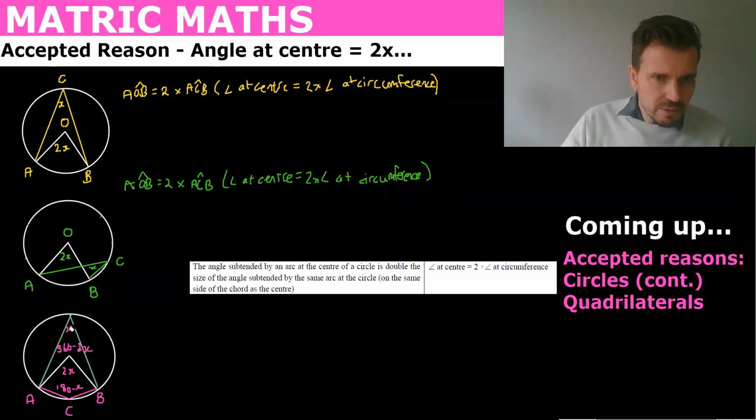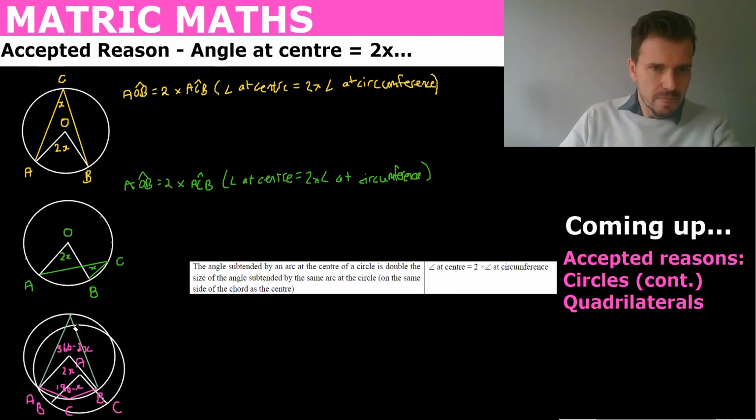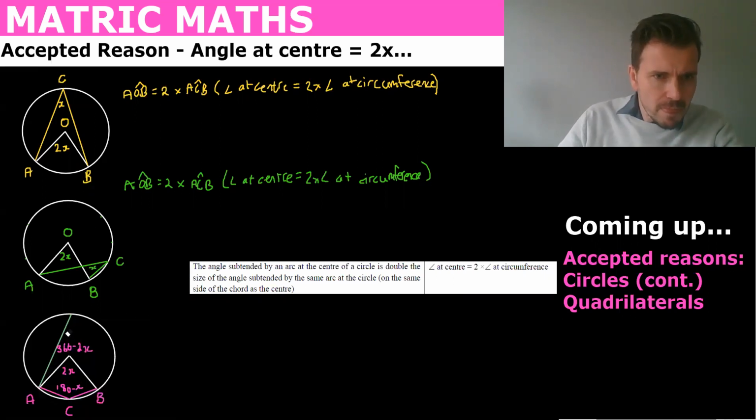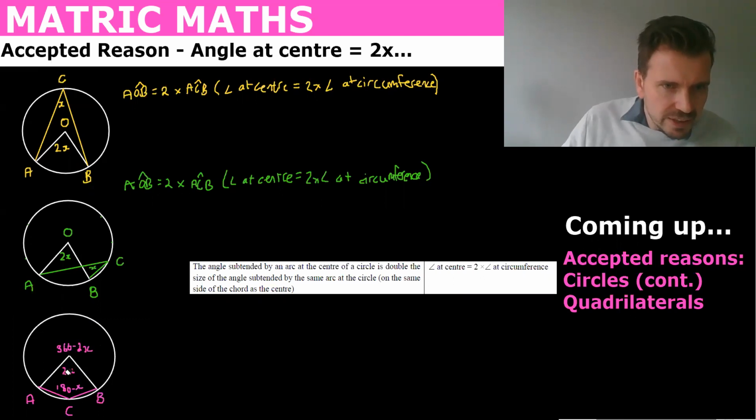I'm going to take away the green bit, because that was just used to explain why it's slightly different when C moves in between A and B. So what we're actually looking at is there.